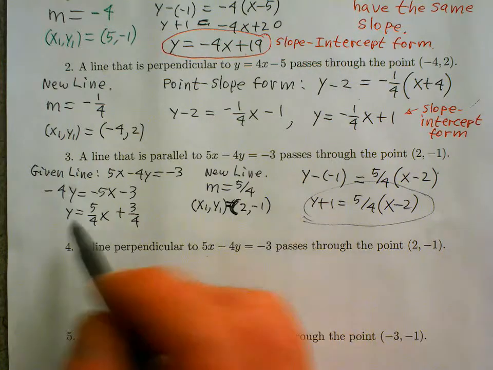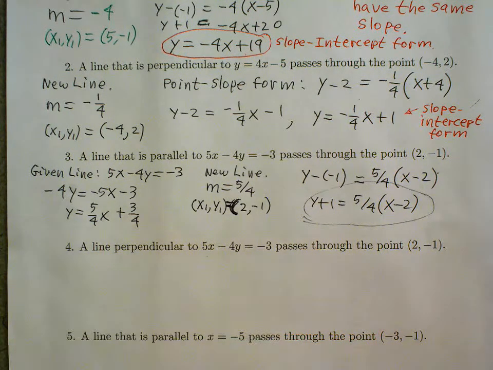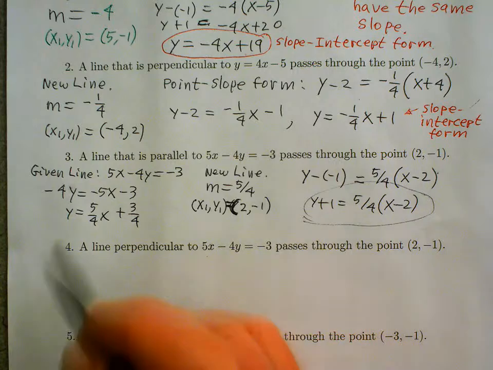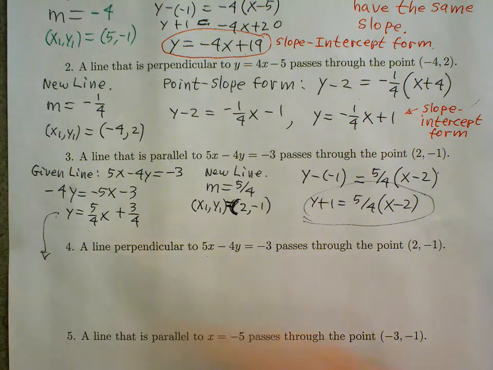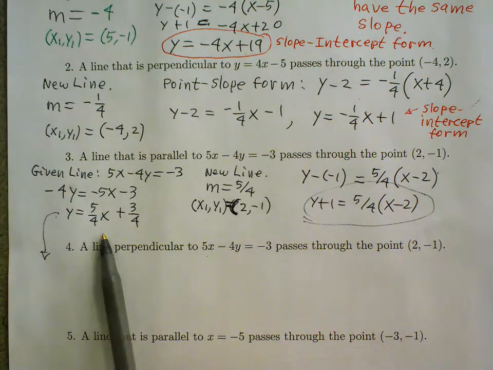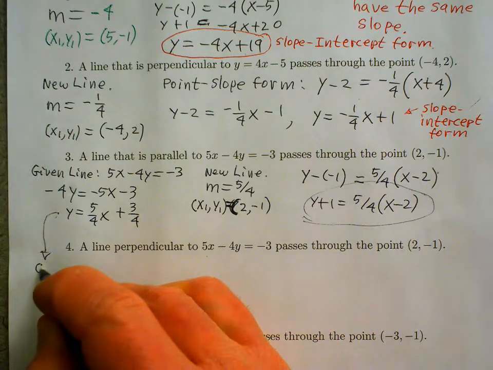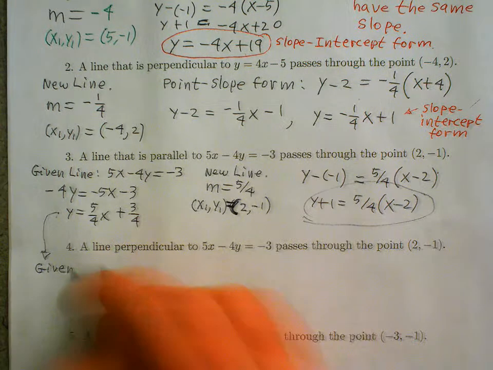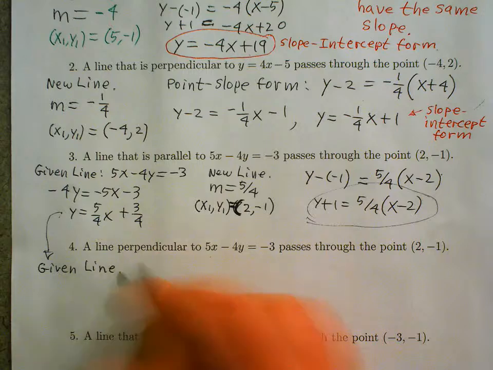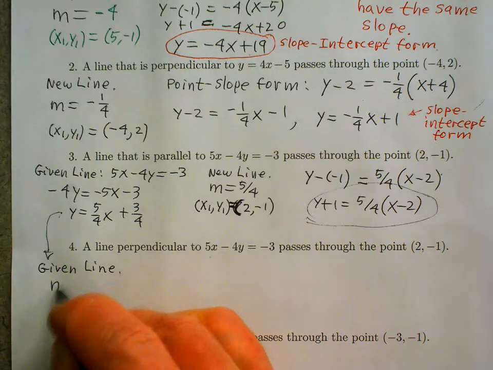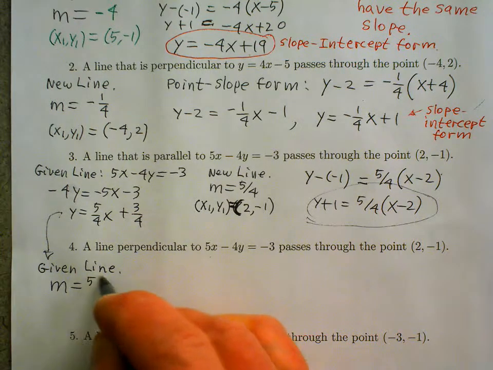Okay, so we can borrow the work that we did in the previous problem. So the given line has a slope of 5/4.